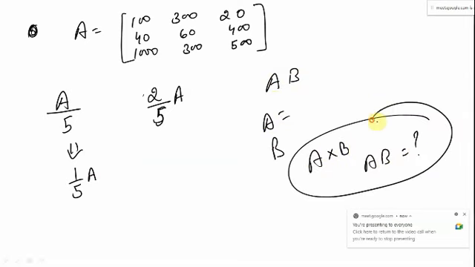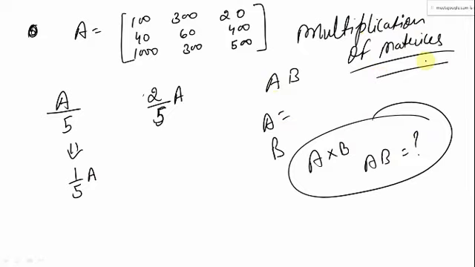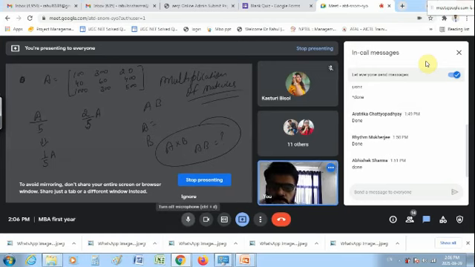This is the thing which we need to understand, which is the multiplication of matrices. This is also the important one which we need to understand. But before that, I wanted you guys to be familiar with all these, and I guess you all are.